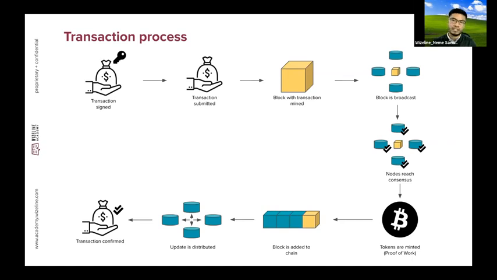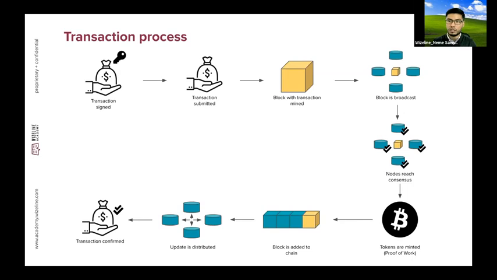After that, the transaction gets submitted, and some node mines a new block including this new transaction. We broadcast this block to some of the other nodes, and these nodes have to verify that block's content. This is the consensus process.